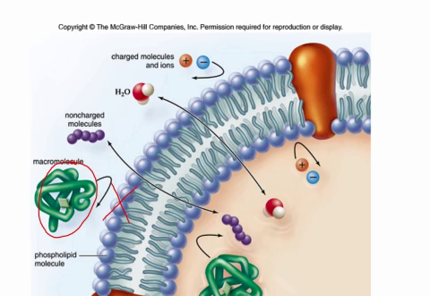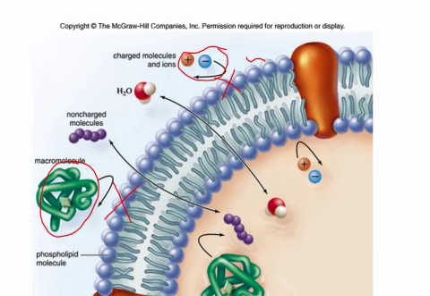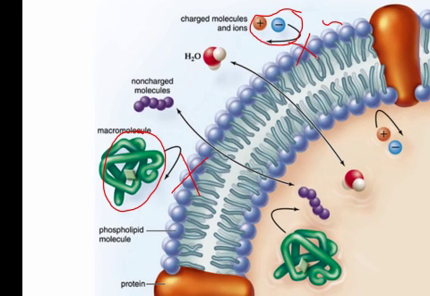Charged molecules or ions or very highly polar molecules, these types of molecules, like water, they're very hydrophilic. And so they are going to be repelled by that hydrophobic core of the phospholipid bilayer. So very polar or charged molecules cannot cross.